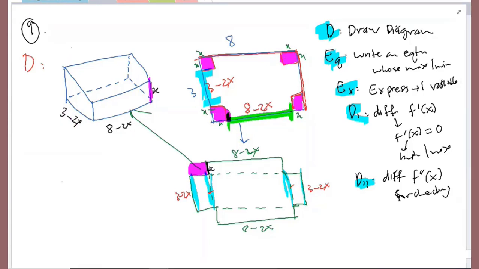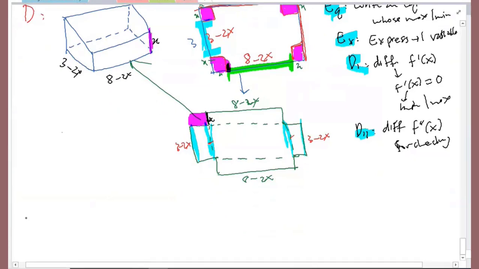Settle for the diagram, imagine it like that. And now E, the equation. Find the maximum volume; they are talking about volume.